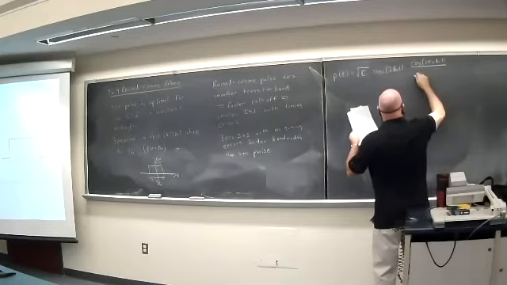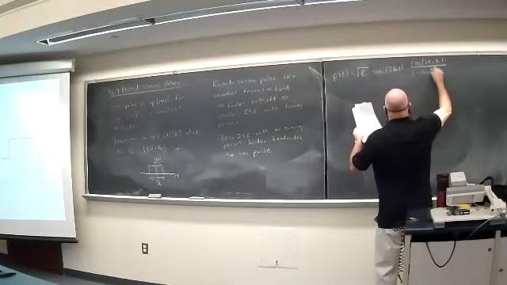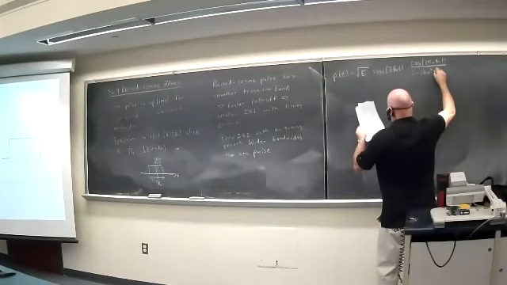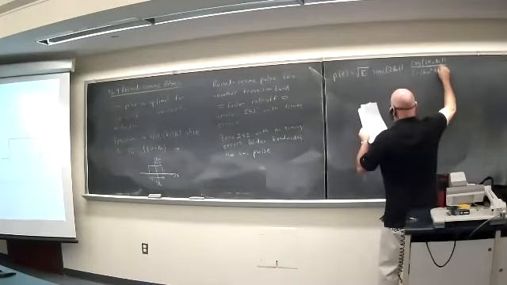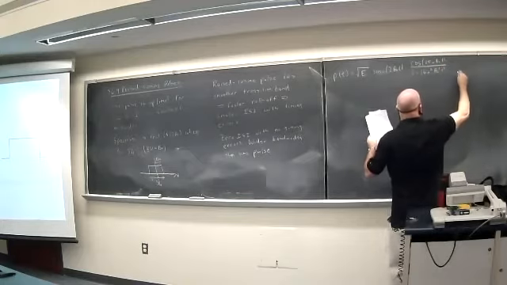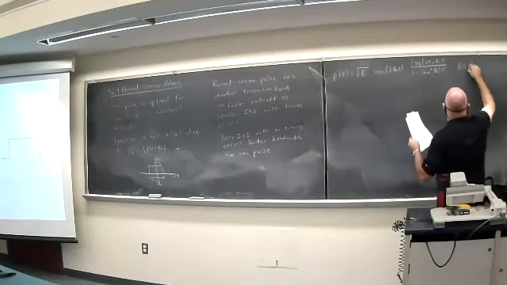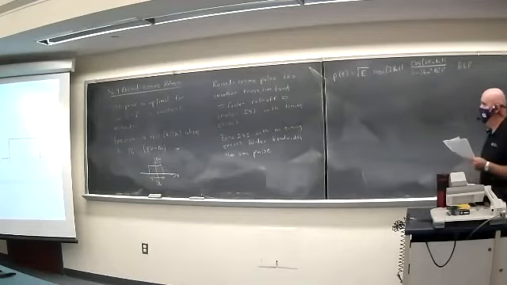Alpha is a parameter that you can vary to get the behavior you want. So this is a raised cosine pulse in the time domain.